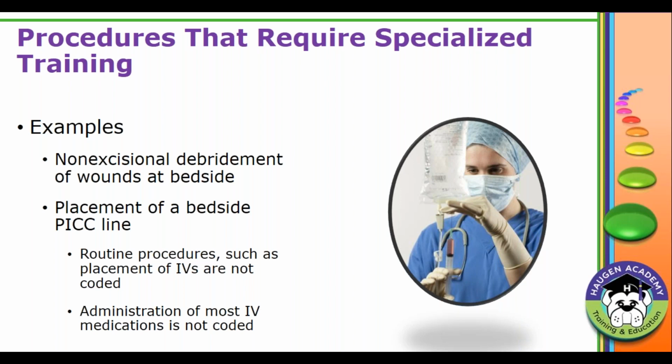So this is one where I could argue that putting in an IV requires specialized training, because I certainly can't put in an IV. I'm not qualified to do that. However, it doesn't have quite the same weight of procedural risk that placement of a central venous catheter or PICC line does.